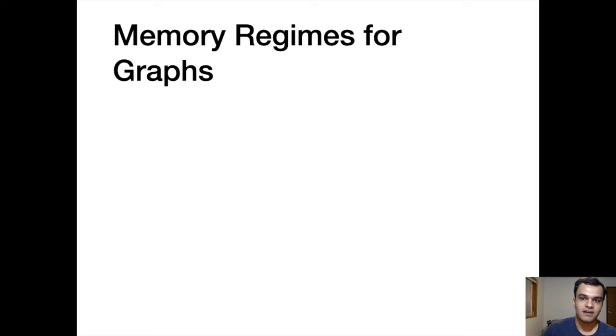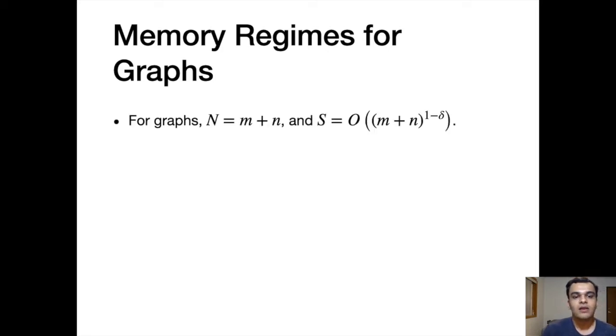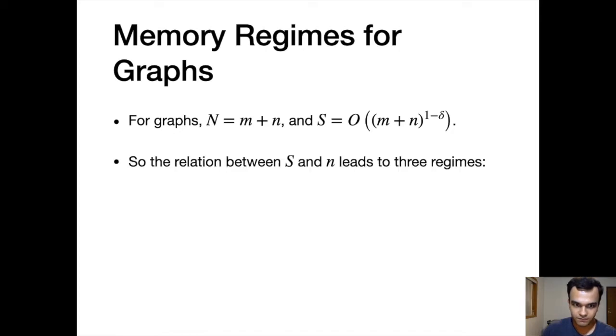For graphs, there are different regimes. Notice that for graphs, capital N, which is the total input size, is the number of edges plus the number of vertices, and S, which is the local memory parameter, is strictly sublinear in the total size of the graph. But if we try to relate S and the number of vertices, it leads to three different regimes.